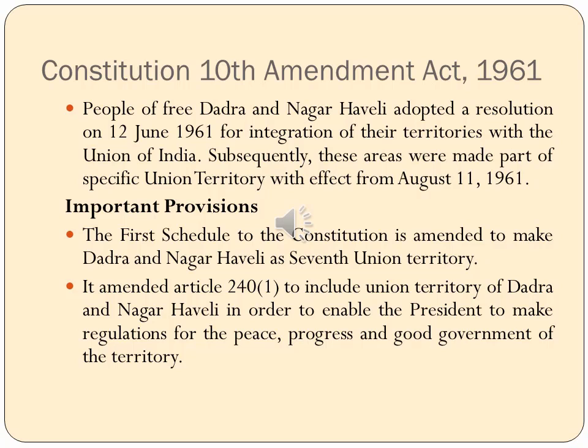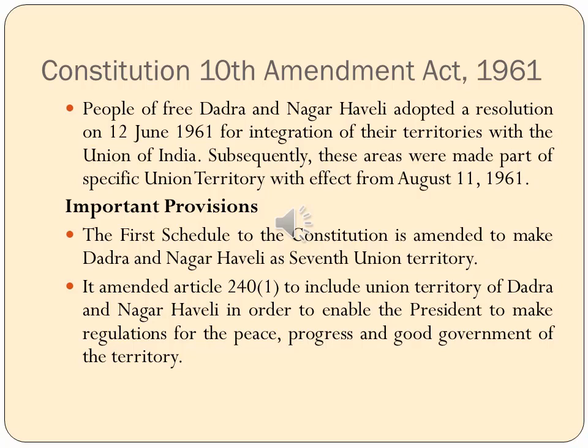The next is the 10th Amendment Act of the Constitution that was passed in the year 1961. So there were two territories, that is Dadra and Nagar Haveli, and these were added to the Indian Union.